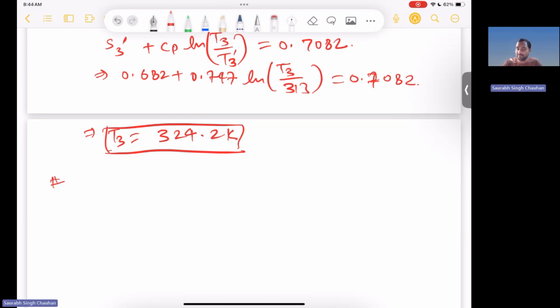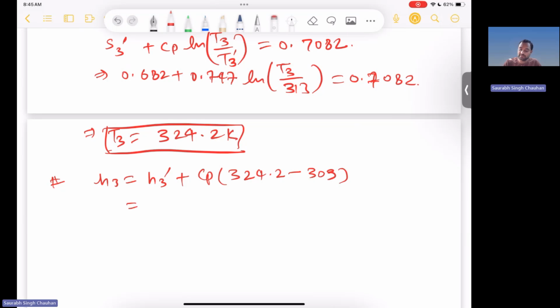Now we have temperature at point 3, so you can calculate H3. H3 will be equal to H3 dash plus Cp into T3 minus 303.